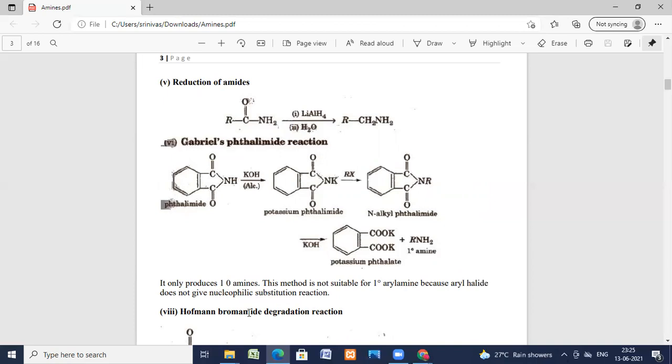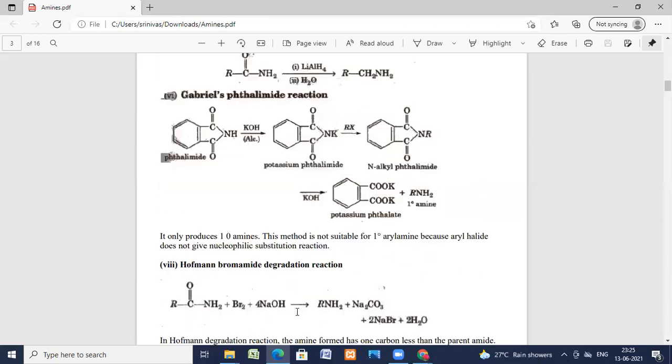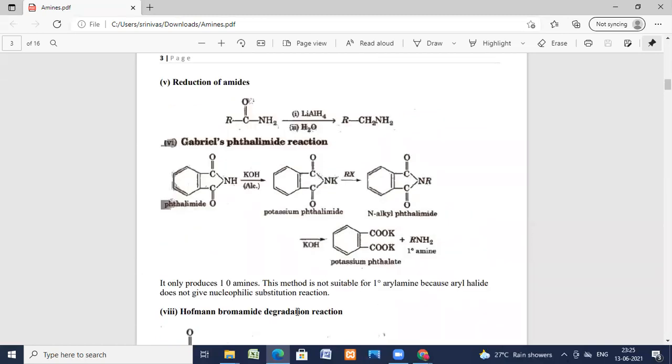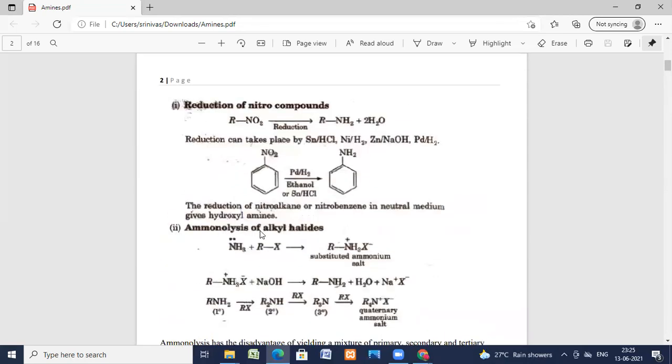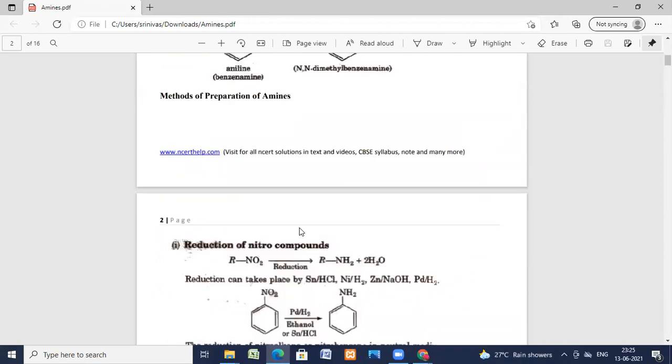And the Hoffman bromamide degradation reaction is the next preparation. See, ammonolysis of alkyl halide can also be called the Hoffman method.